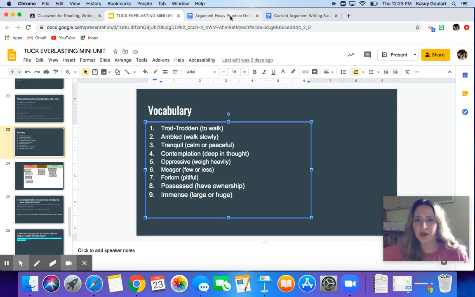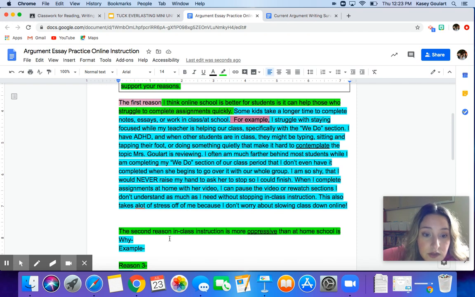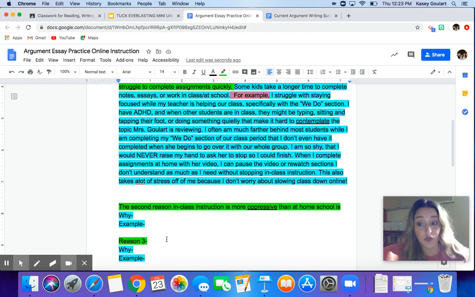Possess, that's an easy one. And we can probably use possess, honestly, in every single argument essay we use. We can use it in different forms, too. It doesn't have to be past tense possessed every time. It can be possessing or possess.